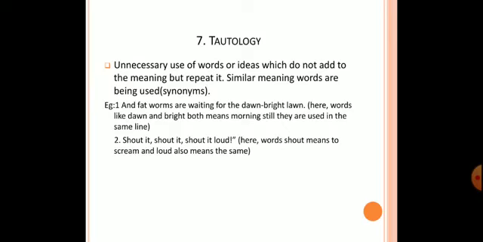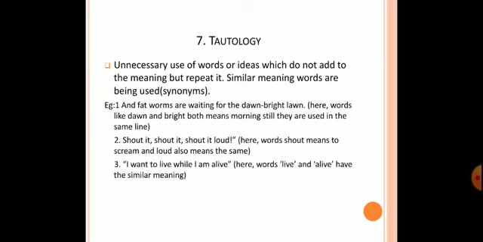So shout and loud have a similar meaning. The next one is: I want to live while I am alive. Now over here the words live and alive have a similar meaning. But still, for poetic effect or to repeat the ideas, the writer writes in this form, which is known as tautology.